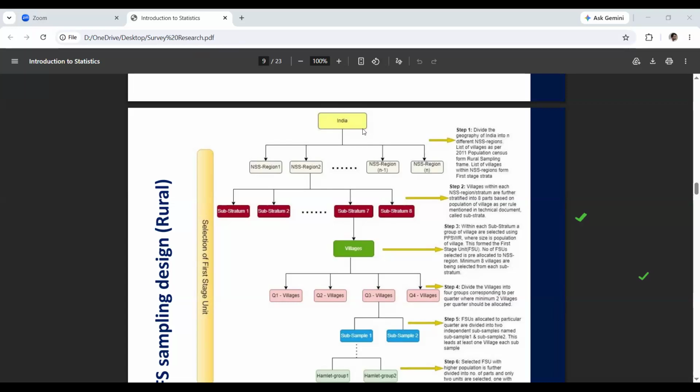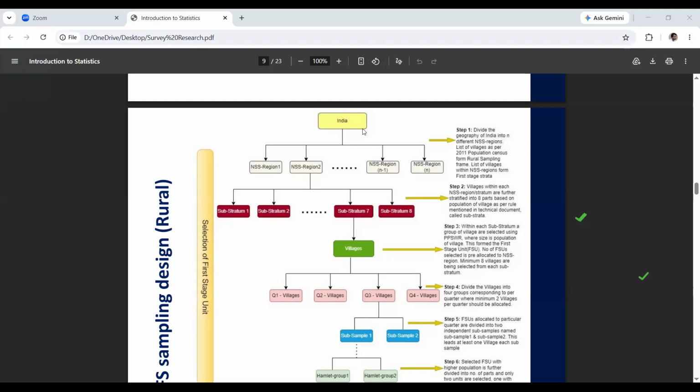First of all, India is divided into 87 or 88. I do not exactly remember the total number of NSS regions in India. Around 88, plus or minus 2. So there are 88 NSS regions in India, National Sample Survey regions, created based on similar agroclimatic conditions. These NSS regions are created within states, not across states.